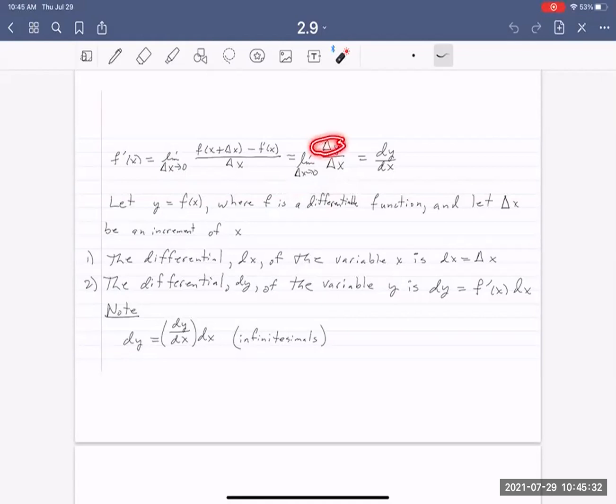It's the infinitesimal increment of y over this infinitesimal increment in x. And so it is dy over dx. And that's how Leibniz gets his notation. It's this infinitesimal change in y over this infinitesimal change in x.